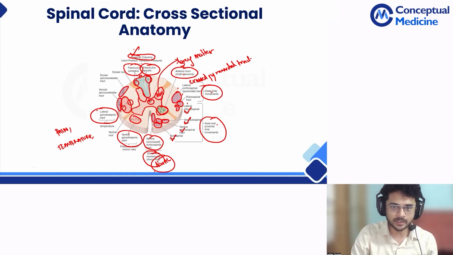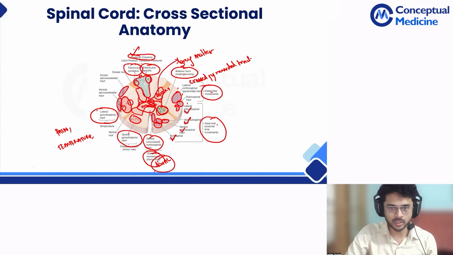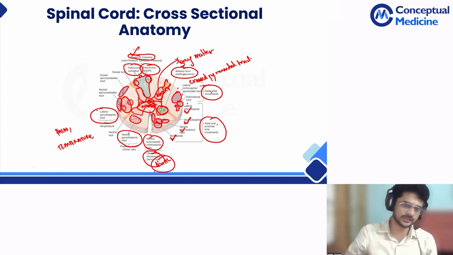So the dorsal gray matter predominantly serves a sensory role, whereas the anterior gray matter of the spinal cord predominantly represents a motor role. And here, the dorsal gray matter of the spinal cord then continues as the dorsal root. Then the dorsal root ganglion, and after that, the sensory fibers.